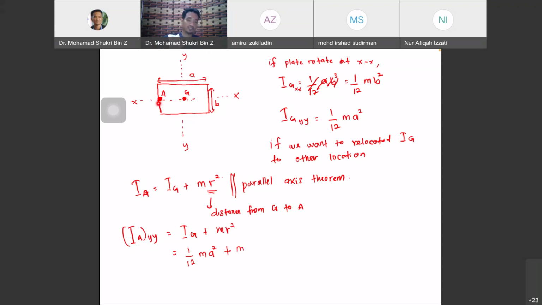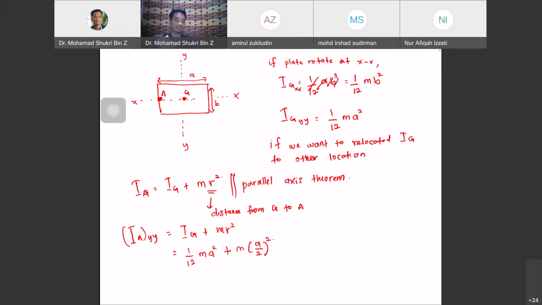So the distance is half of A, A over 2, so A over 2 squared. So this is your answer: what is IA YY.